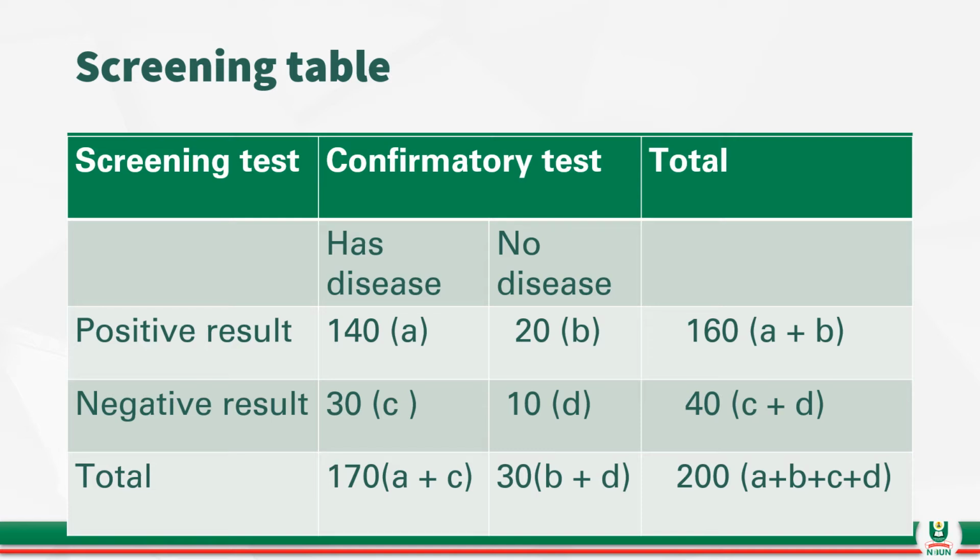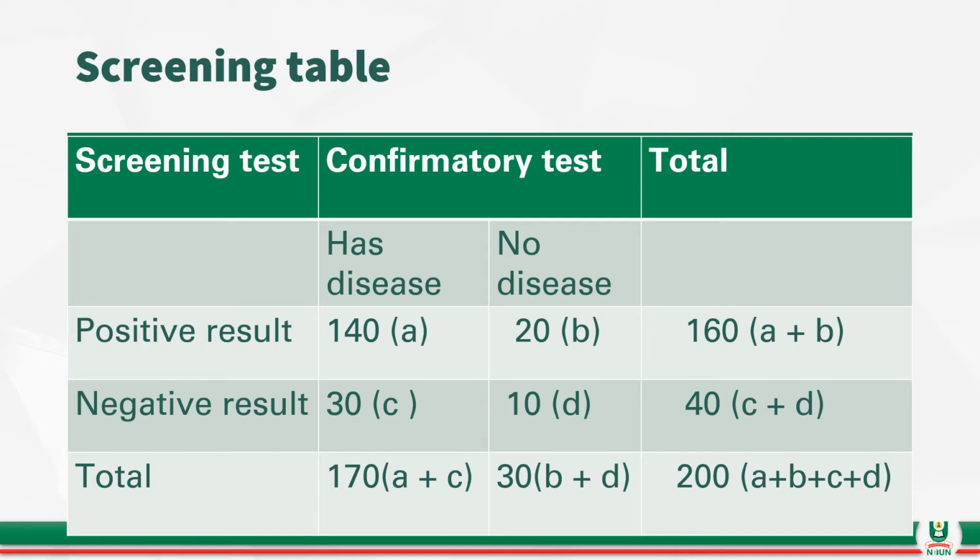So if 160 tested positive, that means all the positive results total are 160. So you put 160, which is A plus B. Then if all the positive results are 160, it means the negative results are 40. So you put 40. That sums up to 200.